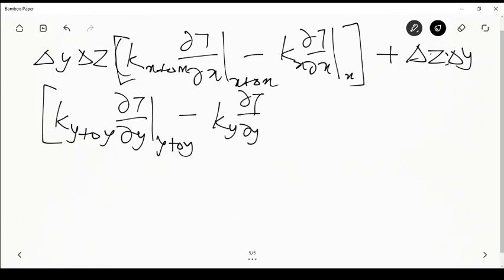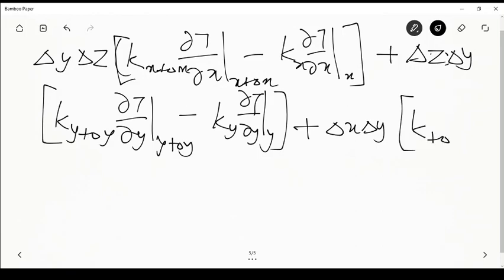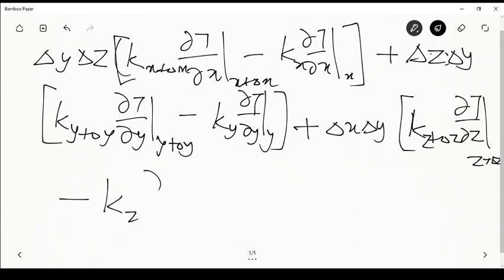So that's the second term, plus delta x delta y multiplied by, what will be the first term there? Kz plus delta z multiplied by del T by del z at z plus delta z minus Kz del T by del z at z.